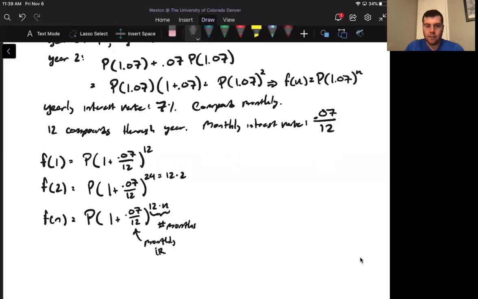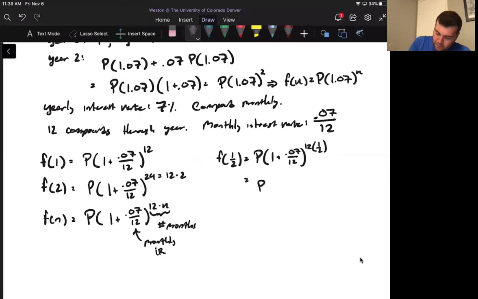And actually, we can even talk about things like f of 1/2 now, because if we plugged in f of 1/2, we would get P times 1 plus 0.07 over 12 to the 6, which is this.